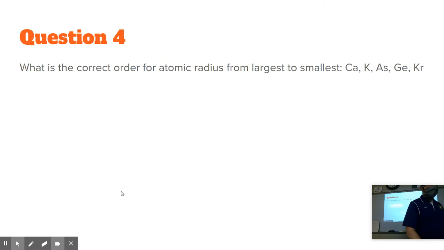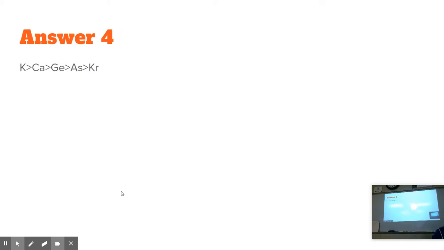What do we notice about all of those elements? They are in the same period. So you can use the horizontal trend of atomic radius to help answer that question. As you remember, the trend for atomic radius, as you go from right to left, it increases.